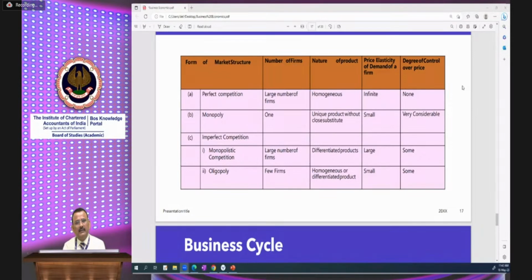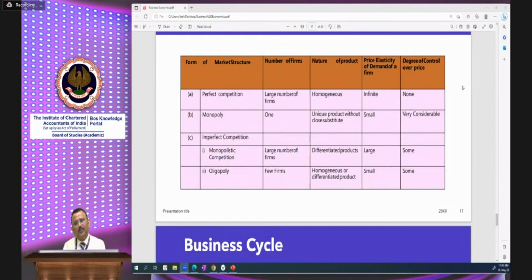Then there is monopolistic competition. Here also a large number of firms are there, but the distinction from perfect competition is that here there is differentiation of product, because a lot of cost is incurred on advertising so that your product is distinct from the other one. While in perfect competition, it is a homogeneous product, all are selling the same product.